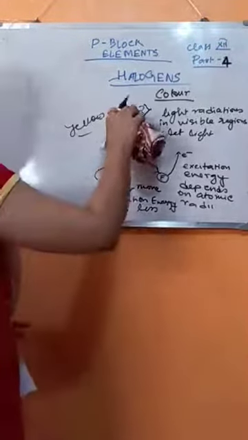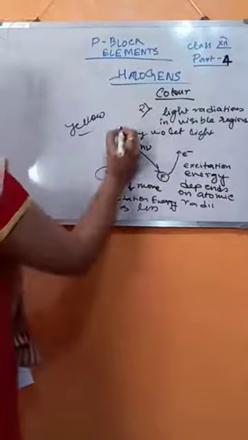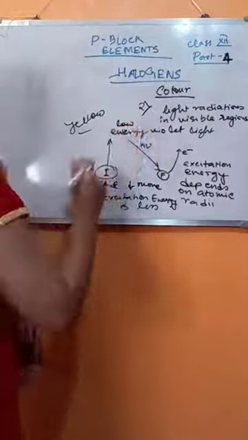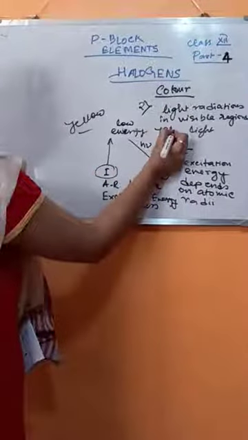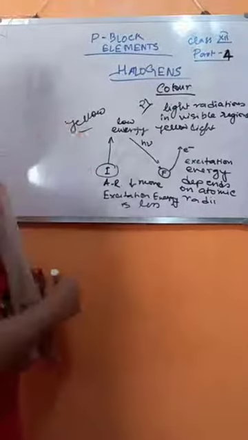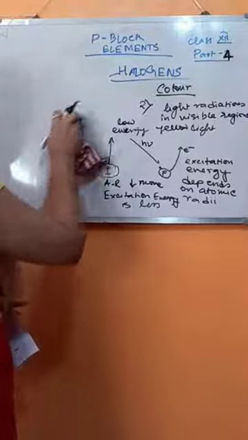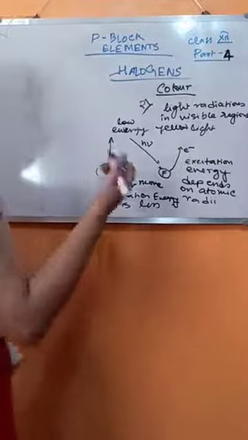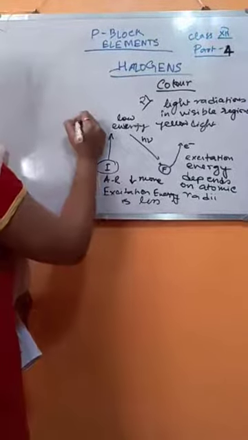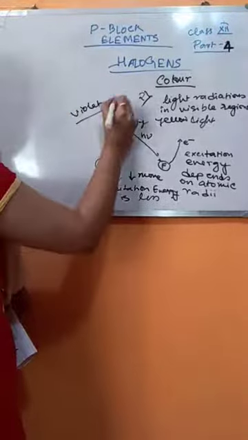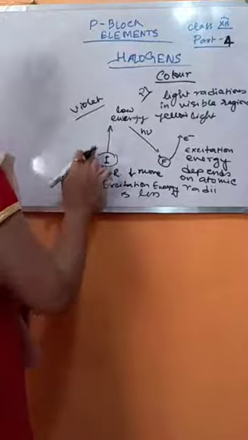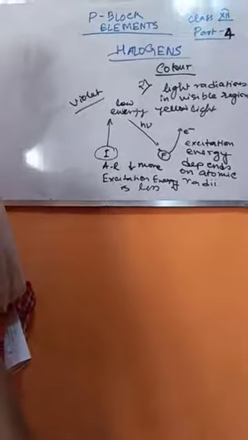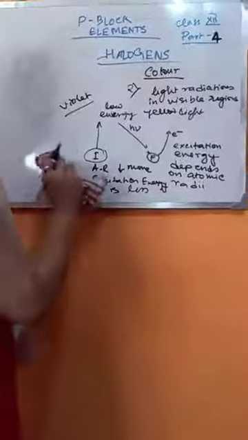So iodine will absorb the low energy yellow light, and hence it will transmit the complementary color of yellow, which is violet. And see, the color of iodine is violet. Okay, this is all about color.